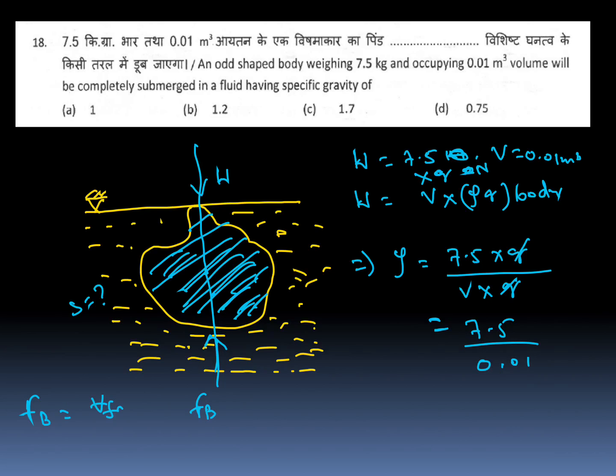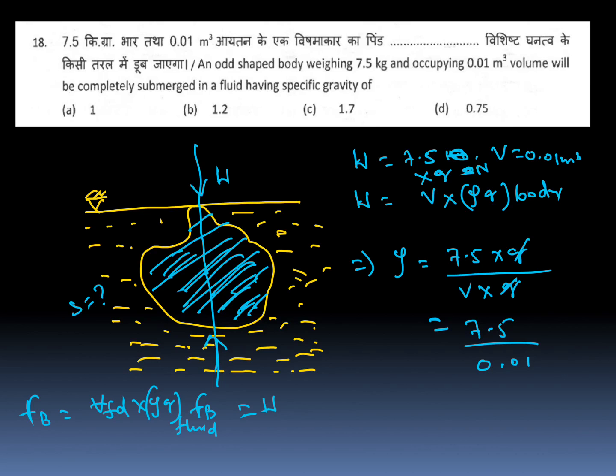Then force of buoyancy: we know force of buoyancy is volume of fluid displaced into rho g of fluid. It's completely submerged, so Fb equals W. So from here we can get the rho value of the fluid.